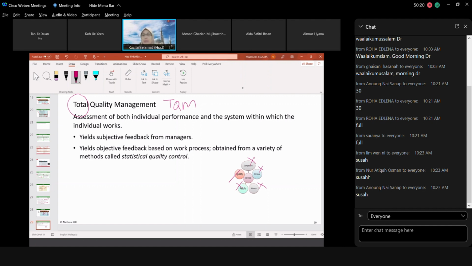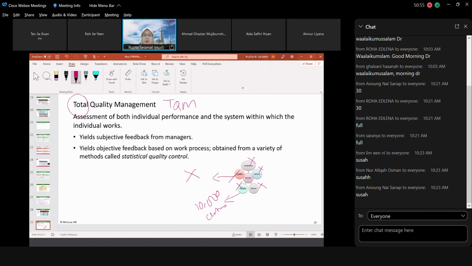Meaning even though an employee has good attributes, good behavior, and achieves the result, but if the result is not achieved with the right quality. Let's say mereka dapat keluarkan 10,000 units of clothes in a month, tapi in terms of quality, no quality.